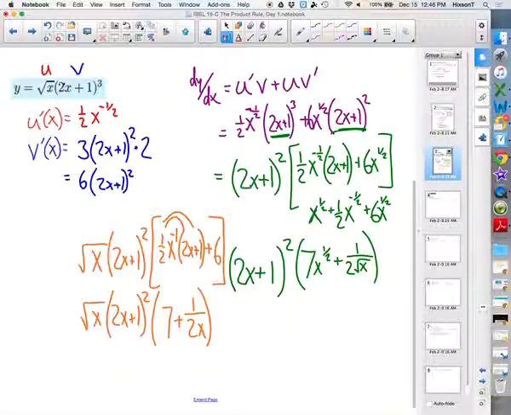This answer right here is equivalent to this answer right here. They're the same, it's just here we have the root x distributed in. But either one would be valid.